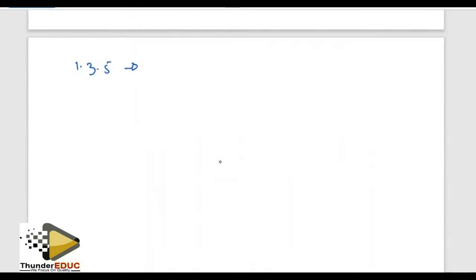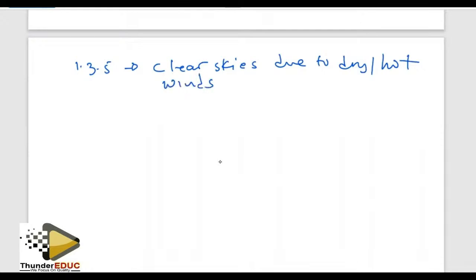We could say clear skies due to dry or hot winds resulting in less condensation.